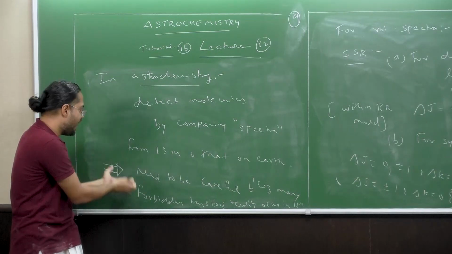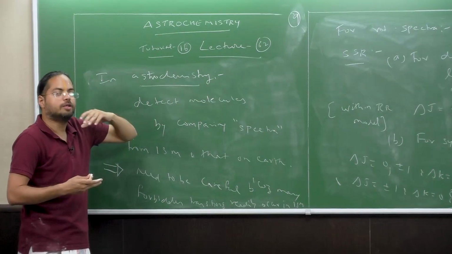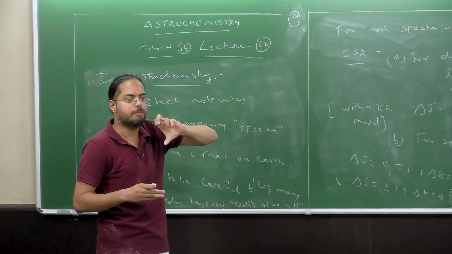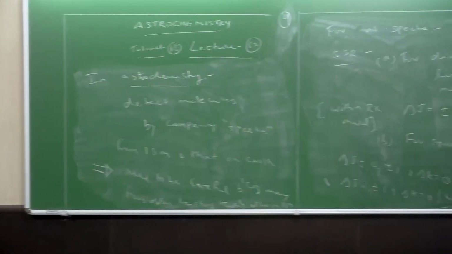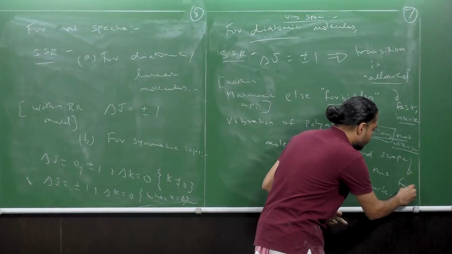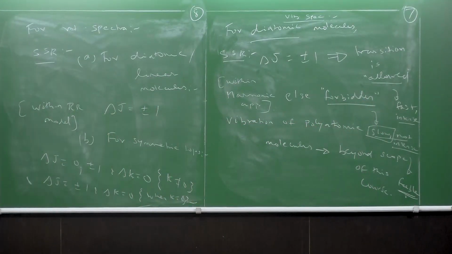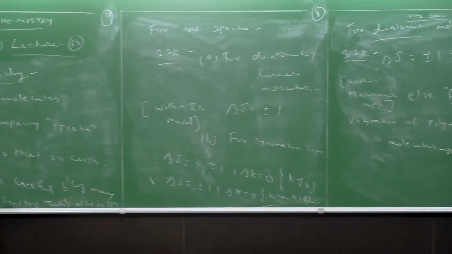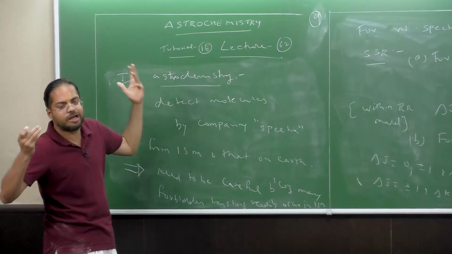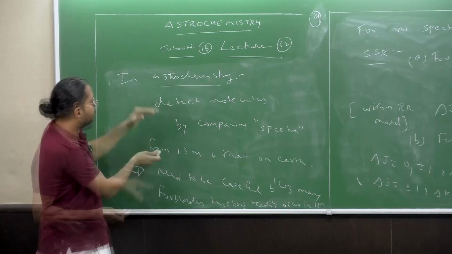What I've written here is that one needs to be aware of the selection rules, because some transition might be very feeble or extremely less intense. In fact, the phrase less intense, or not intense, is an understatement. A better phrase is feeble. So a signal can be extremely feeble when you get it on Earth, but it could be highly intense when you get the same signal from the ISM, because the time scale doesn't matter as far as the interstellar medium is concerned. So please understand that this is an important fact.